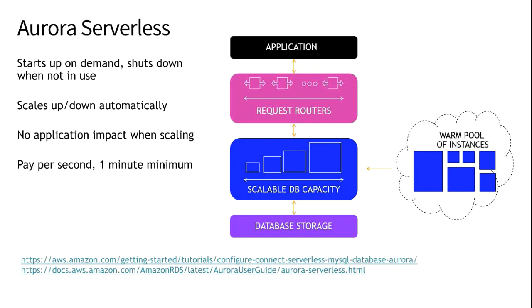That's not necessarily the right way to do it for every scenario. The idea of shutting it down completely, you can configure whether you want it to shut down or not. So if you're in a production system, maybe you don't want it to ever shut down all the way. You want to just keep the smallest instance size, even if there's no activity at all. If it's a development and test system, I think it's more likely that you might say, okay, I want it to be shut down completely when I'm not using it, and then it'll just start up when I need it again.